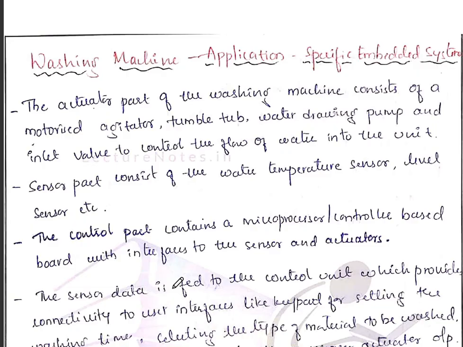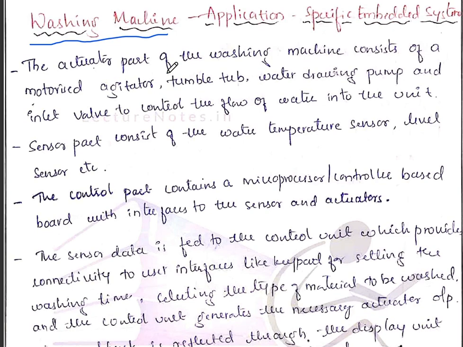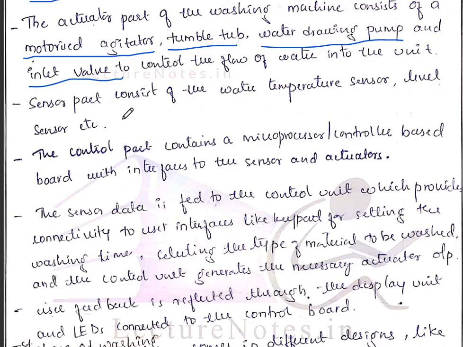Next, coming to the application specific embedded system, we'll discuss the washing machine. In most of our homes we use a washing machine, and you have to explain the count of the sensors and what type of sensors are present in the embedded system, and what are the parts that a washing machine has, that is motorized agitator, tumble tub, water drawing pump and inlet valve to control the flow of water.